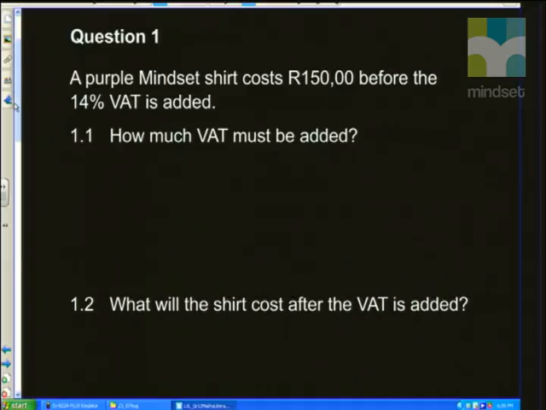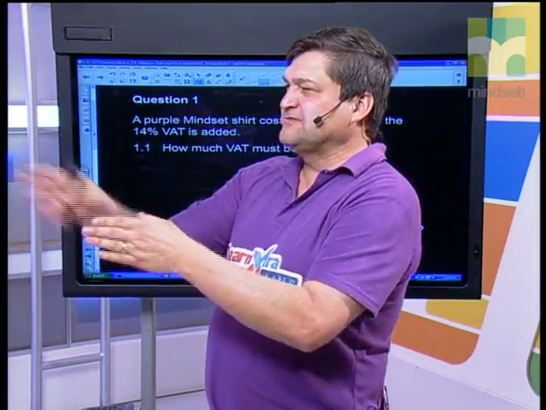Guys, this is a beautiful paper one question. It is so simple. It is so basic. Lloyd, did you do maths or maths literacy at school? I did maths. Absolute waste of time, isn't it, folks? When last did you use trigonometry? When did you finish school? In 2011. So you're still a latte, eh? And when last have you used trigonometry? I haven't.